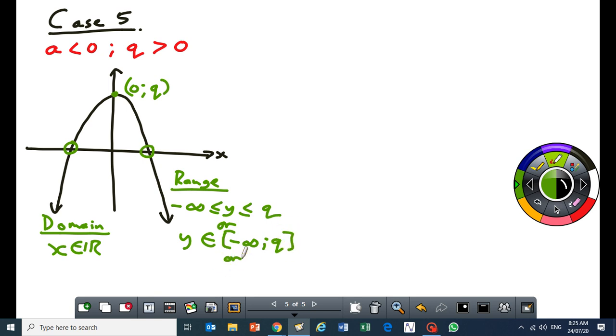Or we can say y is an element of real numbers, but y is less than or equal to q. We have to include the value of y at the turning point. It's very, very important. It has to be included. So don't make a mistake if you use the last format or the first one or even the third one to not put square brackets or to forget to put an equal sign. If you forget that, your answer becomes incorrect. Okay.